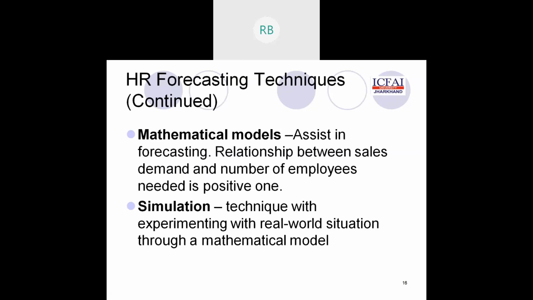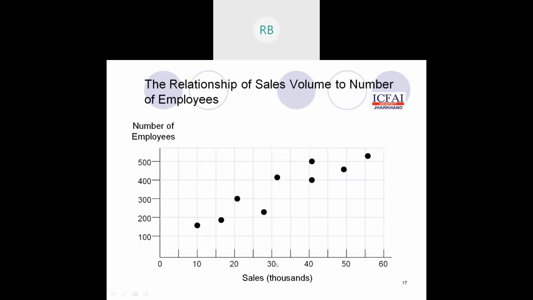Simulation technique, this technique you have learned in some of the methods of job analysis. That is, create an artificial situation and then this technique is used. We will also learn this technique in performance management appraisal and job analysis. It involves experimenting with a real world situation through a mathematical model.